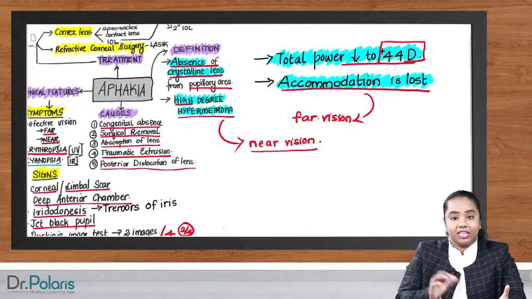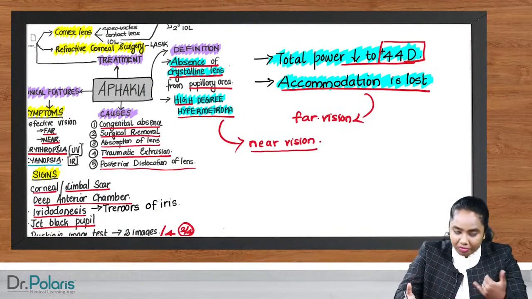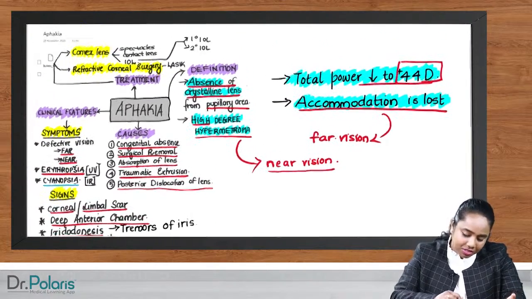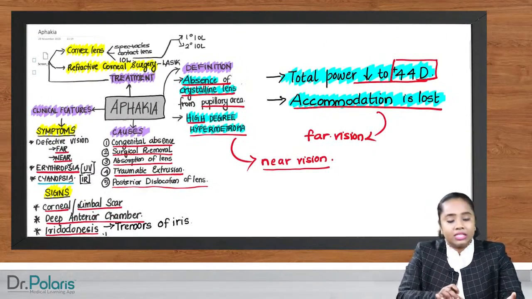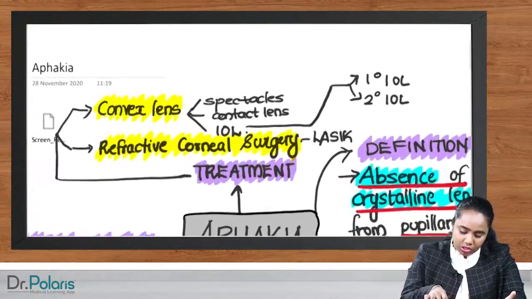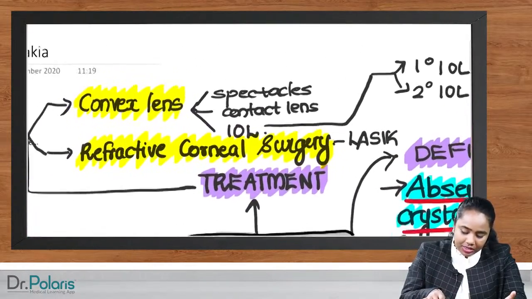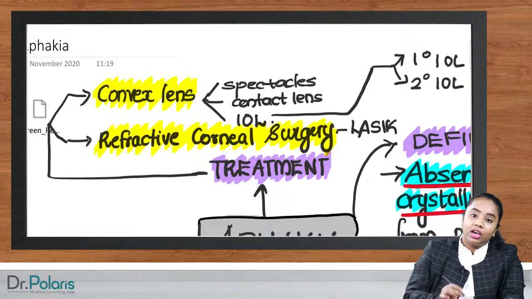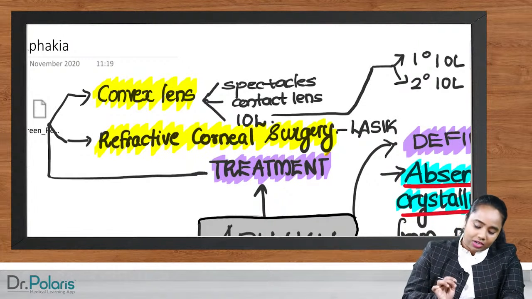Now, we discussed the definition, the common findings, how it occurs, the etiology, then the signs and symptoms. Now, the last one is treatment. How do you approach a patient or how do you treat this patient? Treatment, similar to hypermetropia and myopia, has an optical correction as well as a surgical correction.